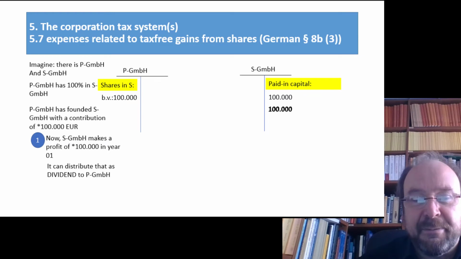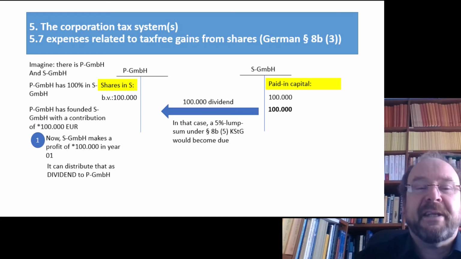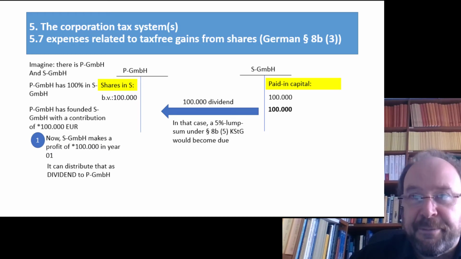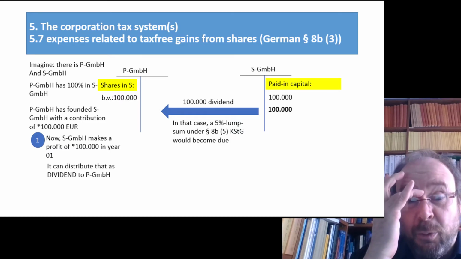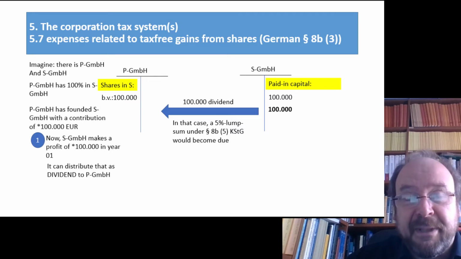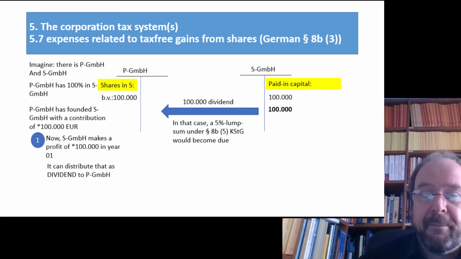You just distribute that money to P GmbH. So you pay it out as a dividend, and in that case, 5,000 euro, 5% of the amount which you receive as a tax-free dividend, would be non-deductible expense in the profit or loss statement of P GmbH.